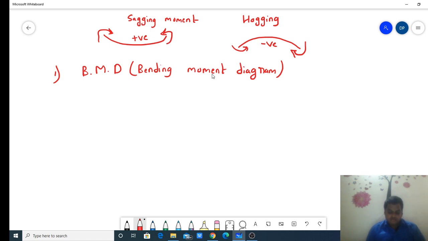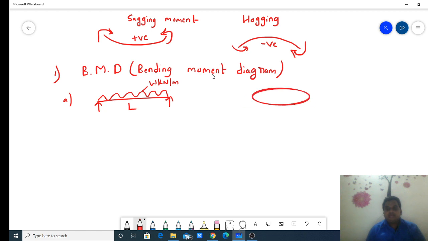Considering the first case, a UDL: if the span is L and it has a UDL of W kilonewton per meter, you know the nature of the free bending moment diagram. This will be a parabola, right?